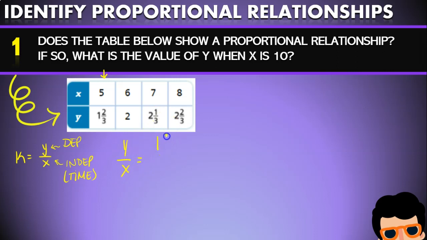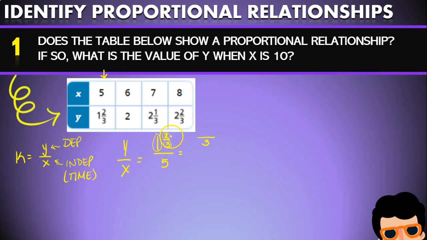So in this case it's 1/2 divided by 5. Now you have to remember that whenever we have a mixed number and we want to transform it into an improper fraction, we keep the same denominator, and the numerator is going to be the denominator times the whole number, adding the numerator of the mixed number.